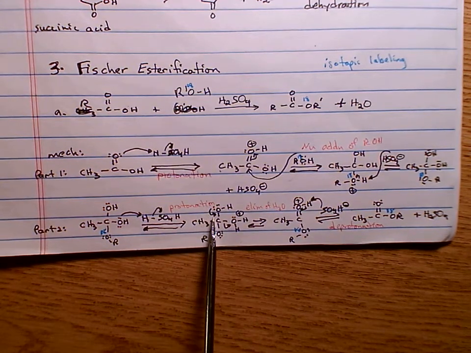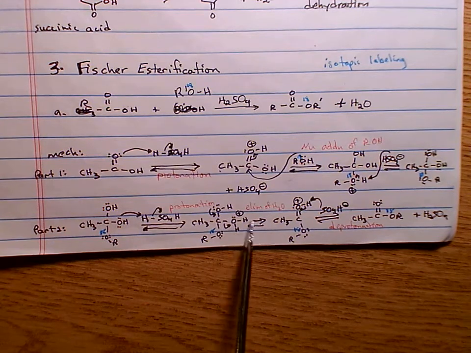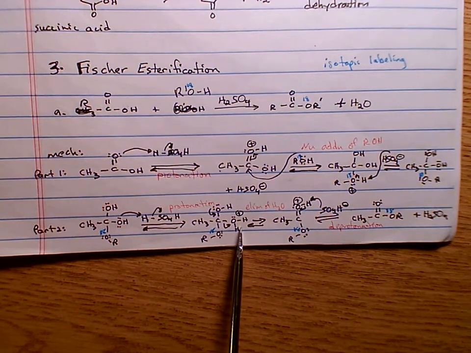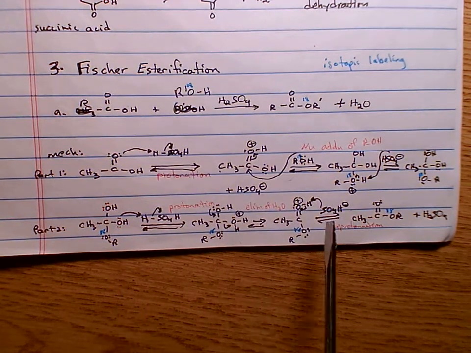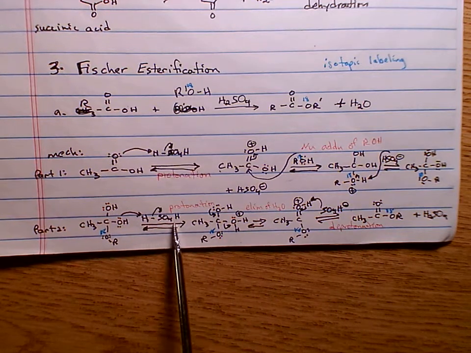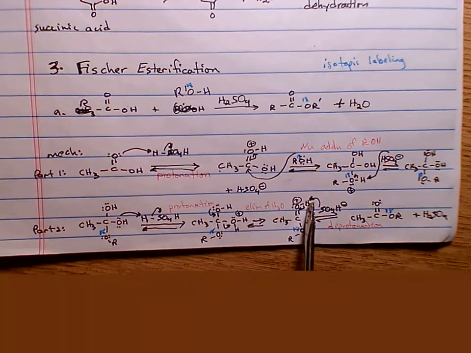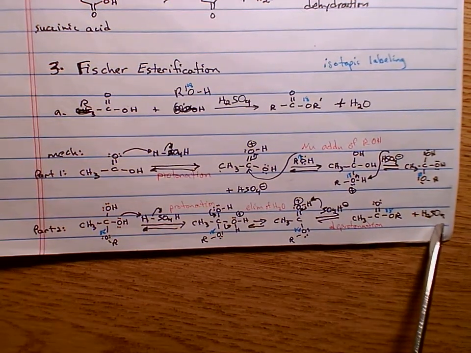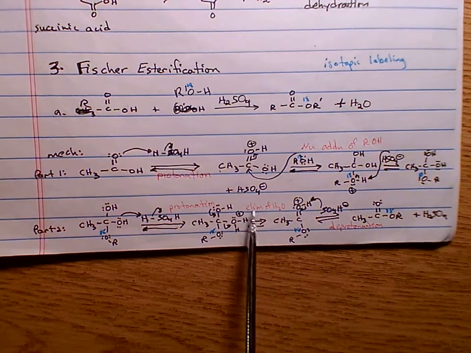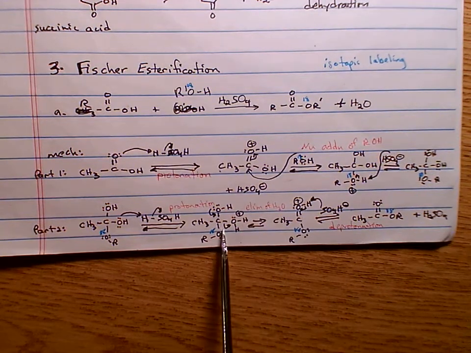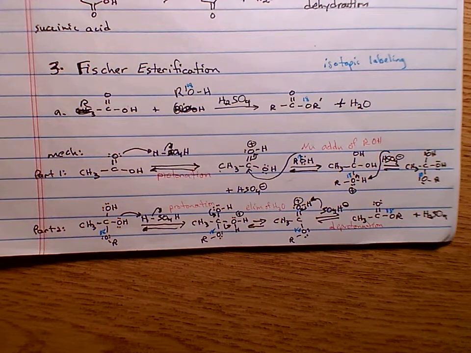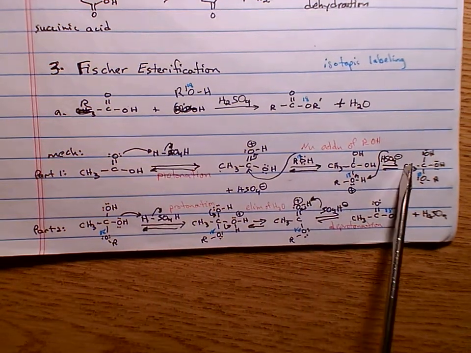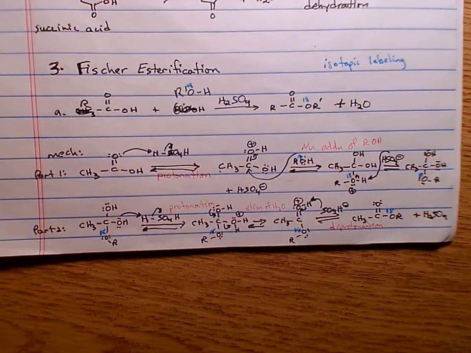So a lone pair will come down, form a bonding pair to this carbon, kick off that good leaving group water, elimination of H2O, and then our HSO4- will come back in, take this hydrogen to give us our ester. Our H2SO4, we get our acid catalyst back again. We generated the water in this step. We got rid of this water here. Okay. So that's the Fischer esterification. Note, this is 1, 2, 3, 4, 5, 6. This is a 6-step mechanism.